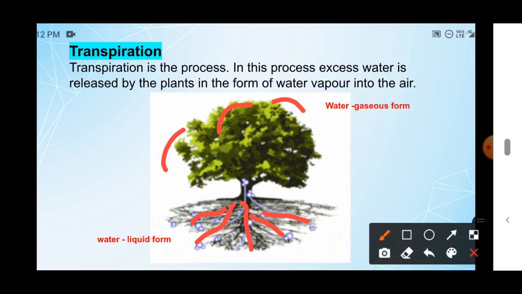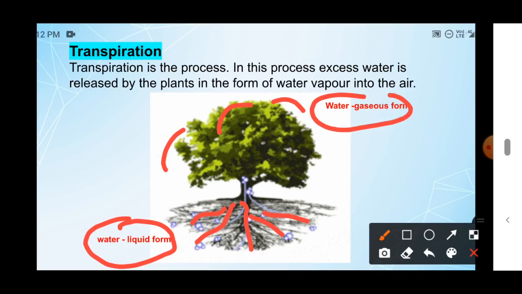So transpiration is the process in which excess water is released by the plants in the form of water vapor into the air. See here, the water is absorbed in the form of liquid, and finally the water is released into the atmosphere in gaseous form.